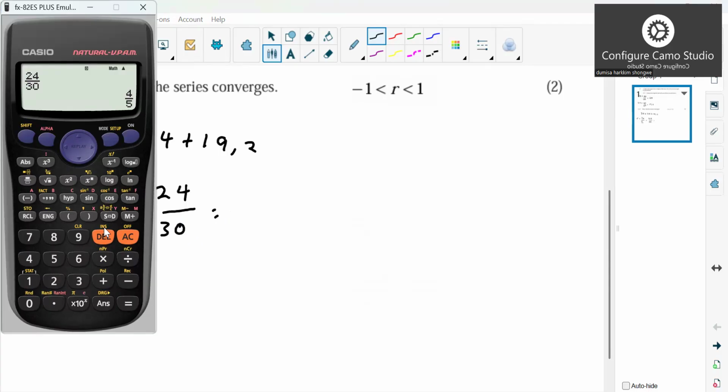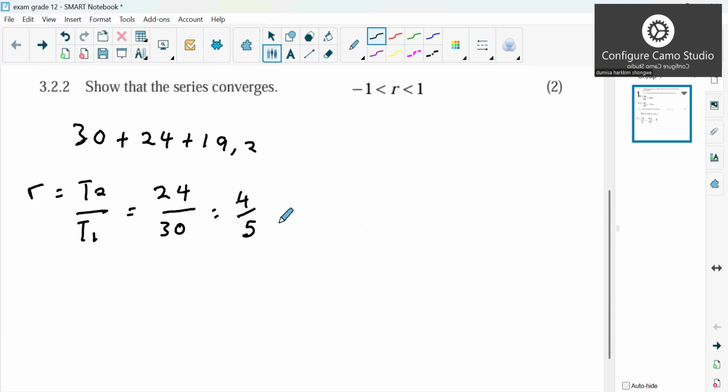We want it as a decimal so that we'll be able to put it on our number line. It's 0,8. Now, remember, if we put this on a number line, we write a small number line here and say our value is between -1 and 1, and between -1 and 1 you can have 0. Now, we're going to check 0,8. Does it fall between -1 and 1? Where do you find it? On the positive side. So you can just tick here and show that it does fall here.